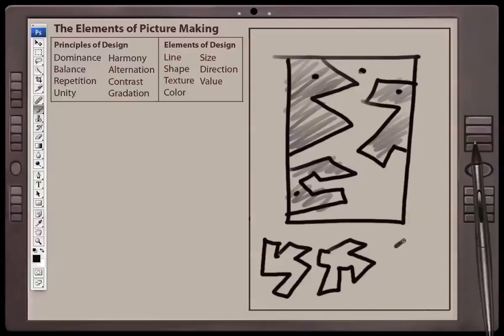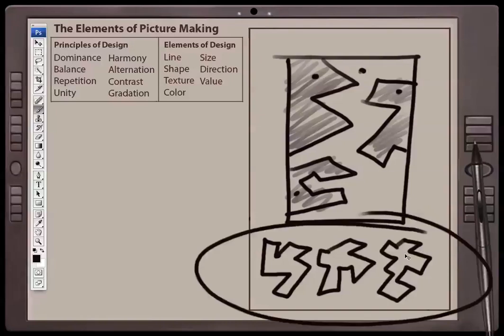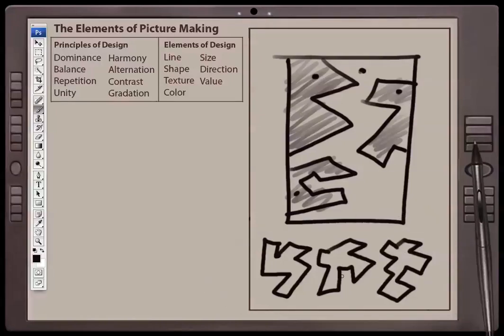You see, I'm repeating a shape. Although the shape isn't exactly the same, it's repeated, they all have the same basic angular character to them. Therefore, they're related. And this is one way of achieving dominance, through repetition, by repeating the same basic kind of shape.